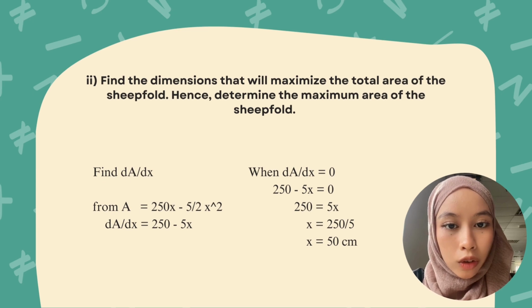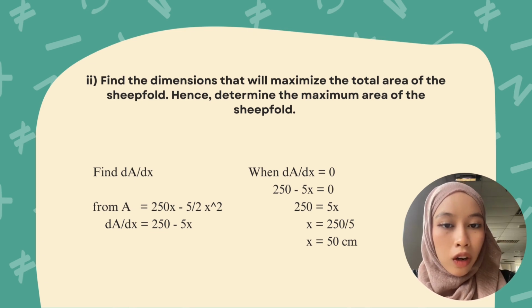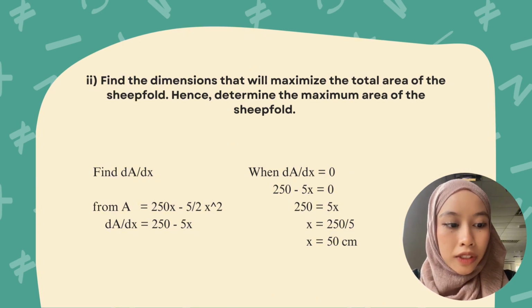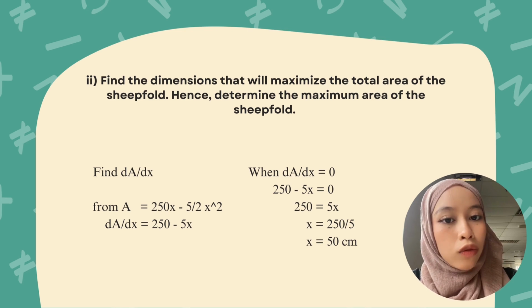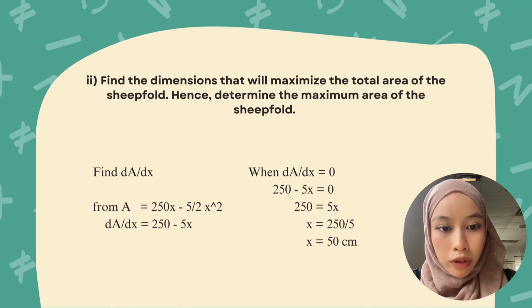So the second question is: find the dimensions that will maximize the total area of the sheepfold. Hence, determine the maximum area of the sheepfold. Okay, first we need to differentiate the equation stated above. We also can take it from the answer on the previous slide.